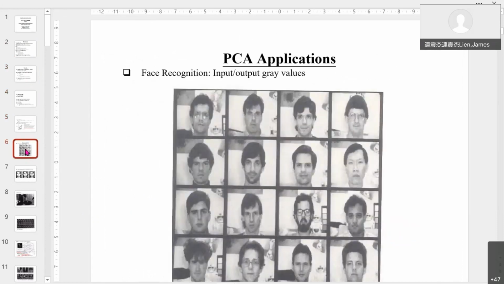So why we need a PCA? What kind of situation we need a PCA? So for example, suppose we have 16 person, 16个人. If you collect the data, and you try to recognize each person. So you have 16 person, and you collect your database is 16 person images. If you have 1 million person, your data has 1 million images inside.